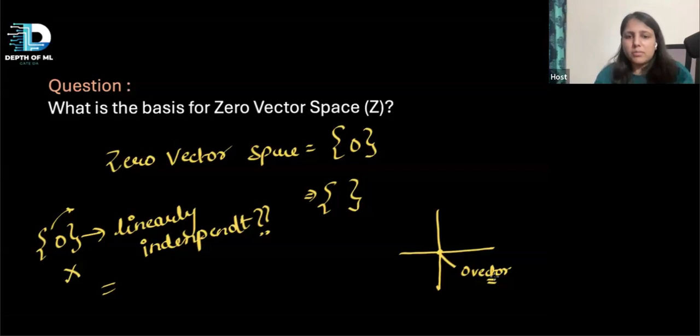An empty set is what can span 0. Do you get that? I think it's very subtle to understand. It's sometimes hard to visualize, but technically, the zero vector space is there. What is a basis? It should be a set of linearly independent vectors, correct? Do I have any linearly independent vector in this particular set?